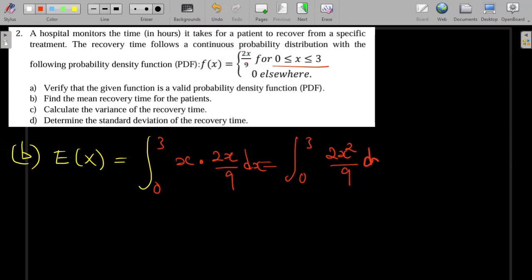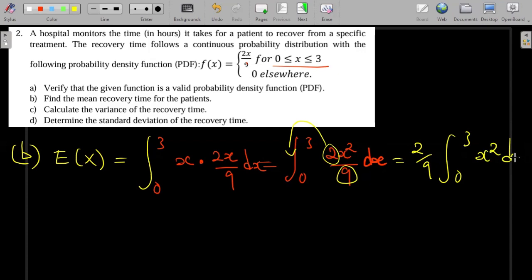So let's put dx here. By the rules of integrals, we are allowed to take this 2 over 9 in front of the integral. So I'm going to have 2 over 9, and then the integral of 0 to 3 of x squared dx. Now I can integrate x squared.